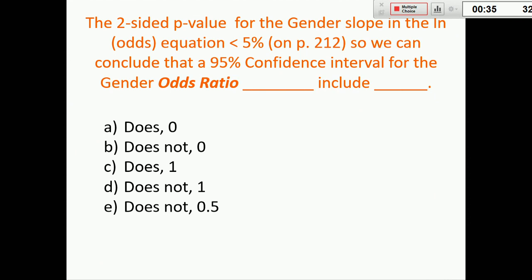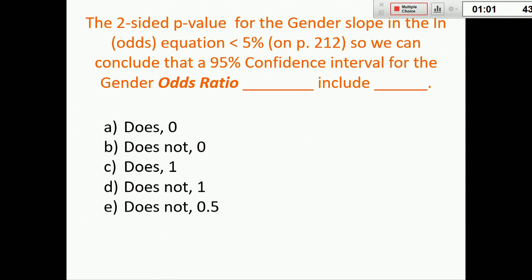So what do you think about the odds ratio? Does it not include 0 too, or is it something else? We know gender's significant. We know that females are being favored, right? So we rejected that they have the same odds.